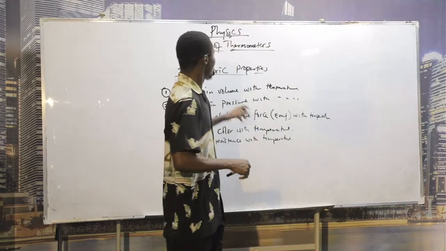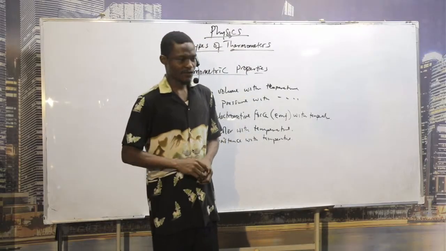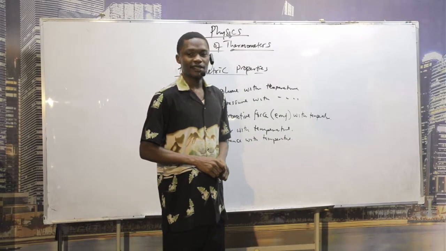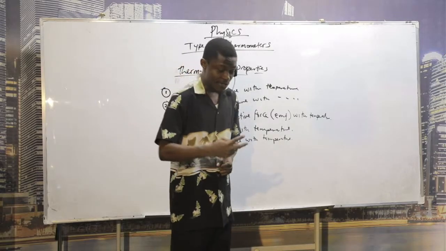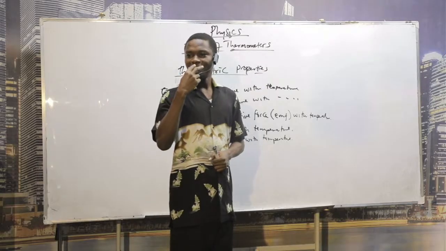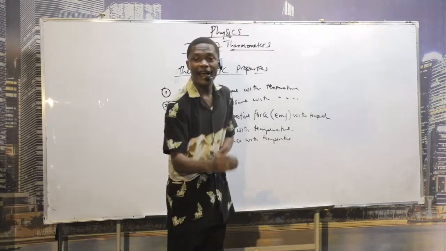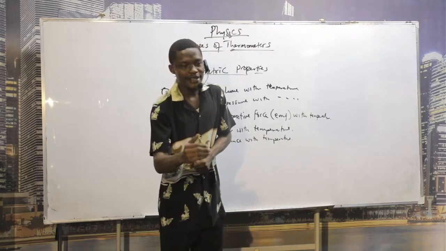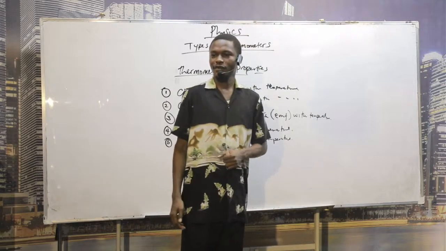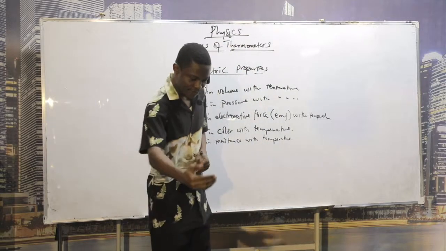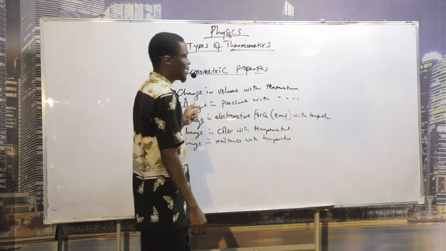Define thermometric property, or what is thermometric property? You will now start looking at the question, and the question is looking at you. Then you now go down to BII. They said list 2 or 3 thermometric properties. You be like, since I cannot define, can I list? This is the answer now staring at you.